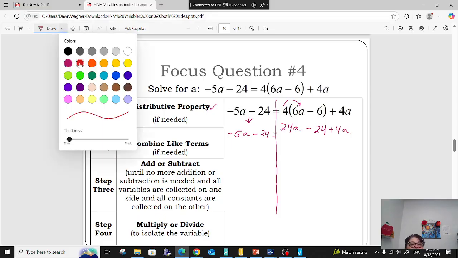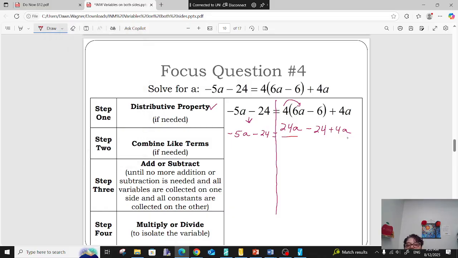I know I have to combine my like terms because on this side I have a 24a and a 4a. I'm going to combine them before I cross over equal signs. Do not use inverse operations here.